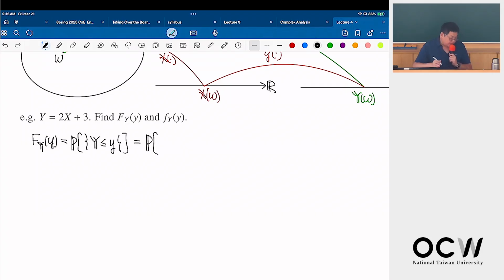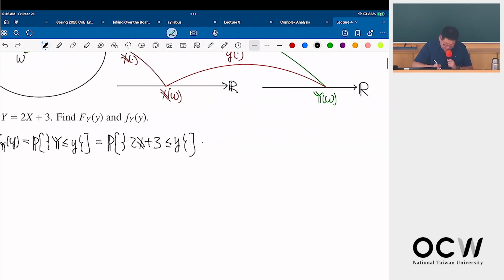This random variable y is 2x plus 3. So that means 2x plus 3 less than or equal to certain point y. We can simplify it. That will be x less than or equal to (y minus 3) divided by 2.